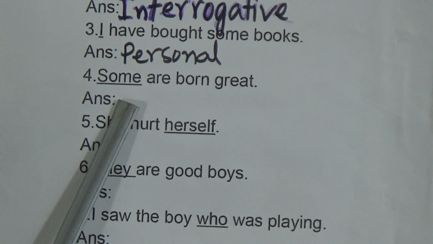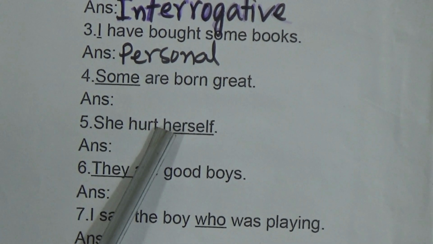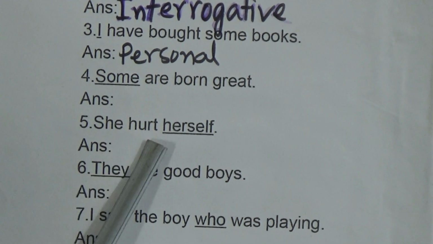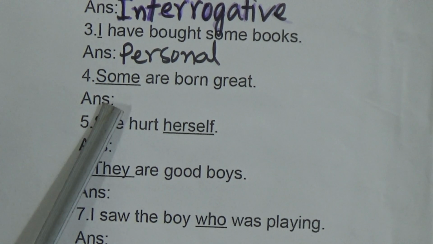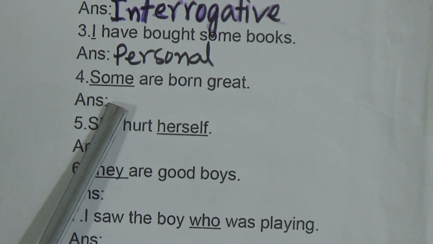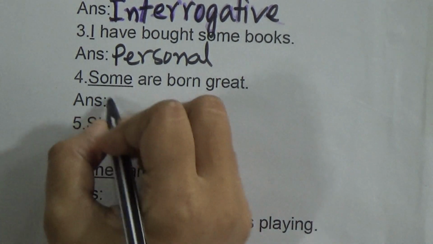That's why it is not definite. So it will be indefinite pronoun. And we know that if the pronoun refers to persons or things in a general manner, and if it doesn't point out any particular person or thing, it will be indefinite pronoun. So we will write here indefinite.